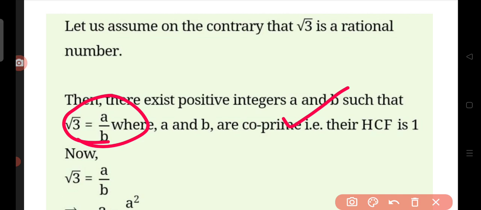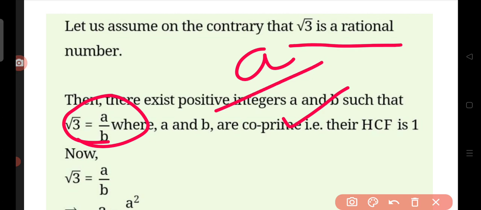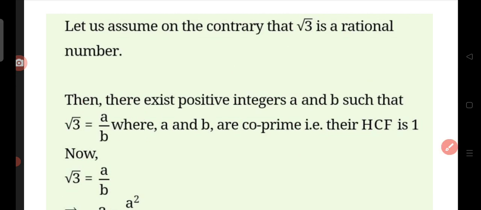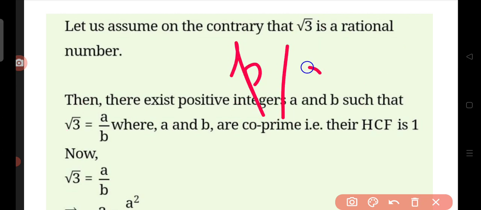Because we have considered that root 3 is a rational number, and if a rational number is root 3, then we can represent it as a by b, where a and b are integers. This is the natural form of p by q, so you can take a by b or p by q.